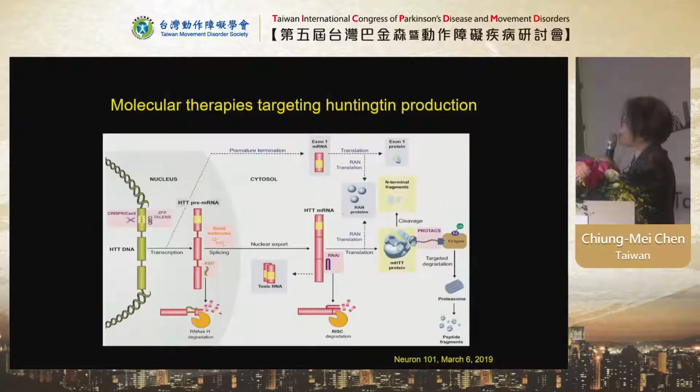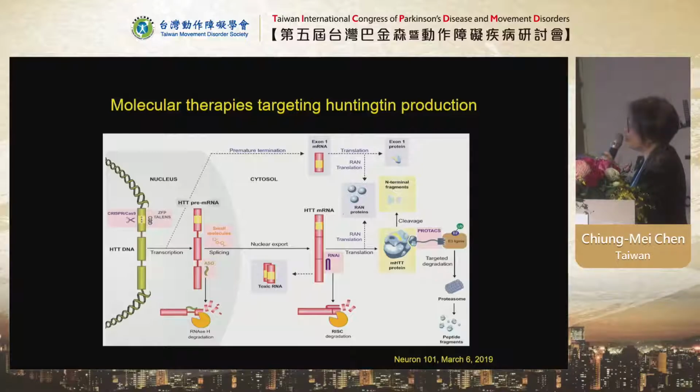Let's talk about molecular therapies targeting huntingtin production. I just talked about PROTACs. So we can use CRISPR-Cas9, zinc finger, or TALENs to cut CAG on the genomic level. We can use ASO to hybridize to pre-messenger RNA to induce RNase H degradation of pre-messenger RNA.